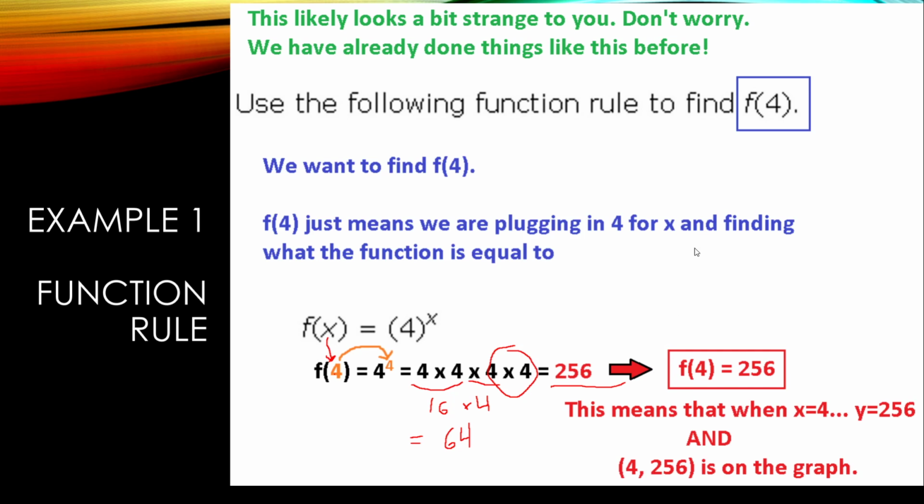Now, what this means, in terms that you're used to, is that when x is 4, right, we swapped a 4 for x, y is 256. And that also means that 256 is on the graph. And so this is some exponential.